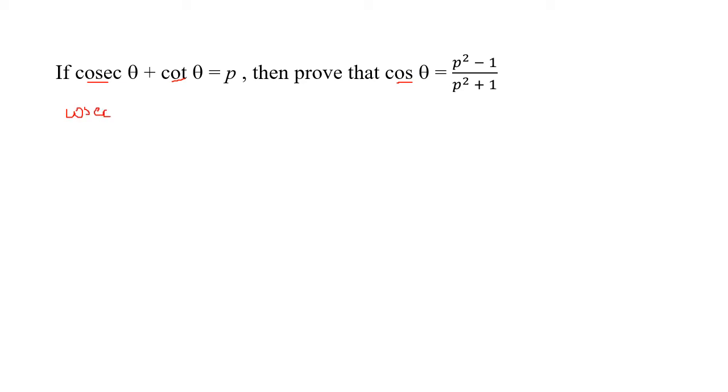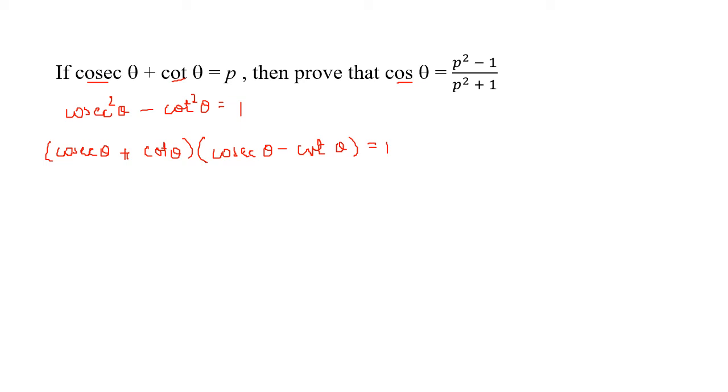We first write the identity cosec square theta minus cot square theta equal to 1. So a square minus b square is written as what? Cosec theta plus cot theta into cosec theta minus cot theta equal to 1. But we are given cosec theta plus cot theta is equal to p.